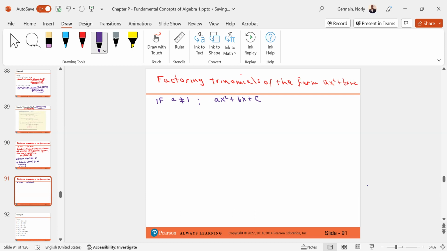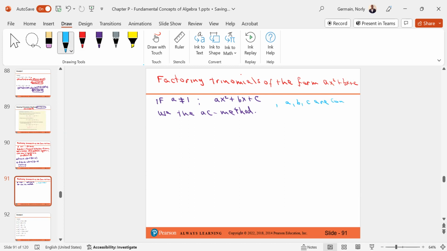The first thing we can do with an example like this one is use the AC method. We use the AC method because in that expression, a, b, c are constants.